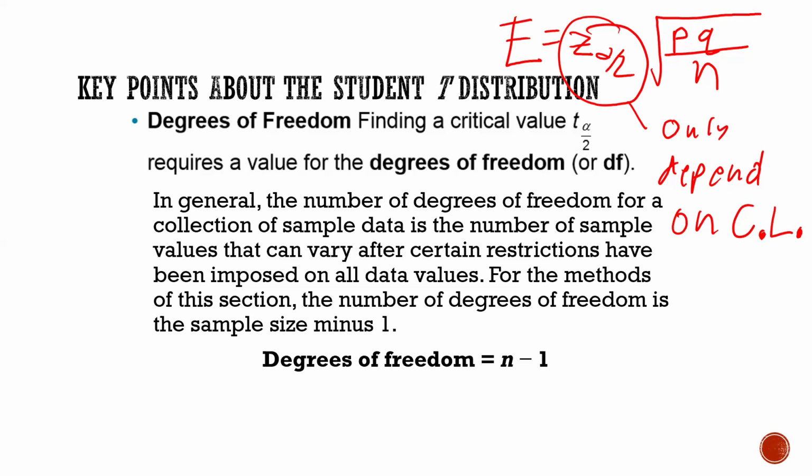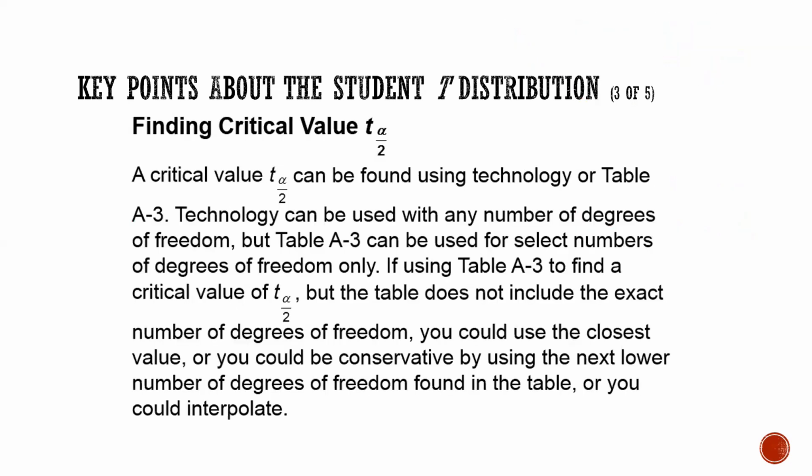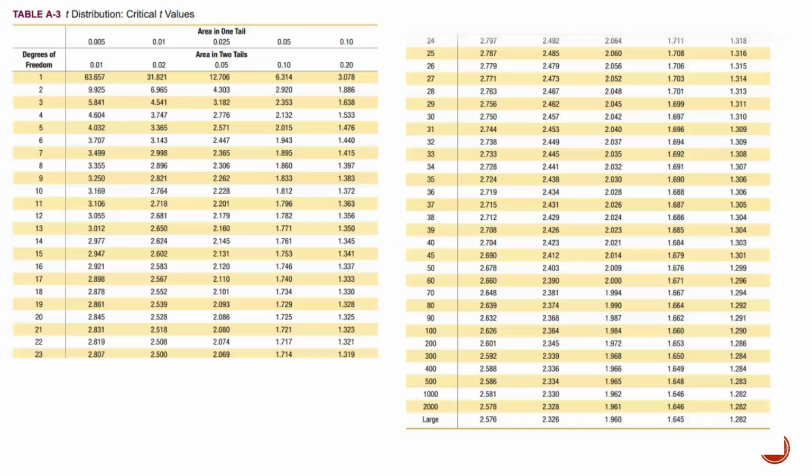If you look at table A3, the third page of your table packet, you should have a table that looks something like this. Does everyone have this? That will be our T table, and I will teach you how to read that in a little bit. You can also use technology. I'll teach you that too.